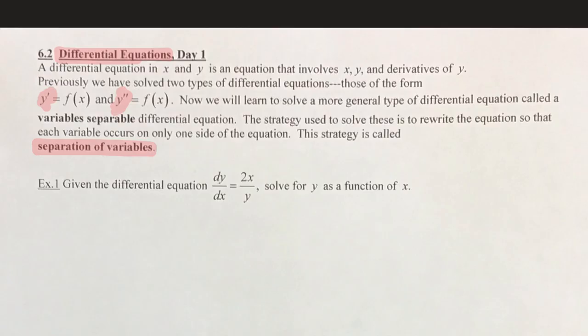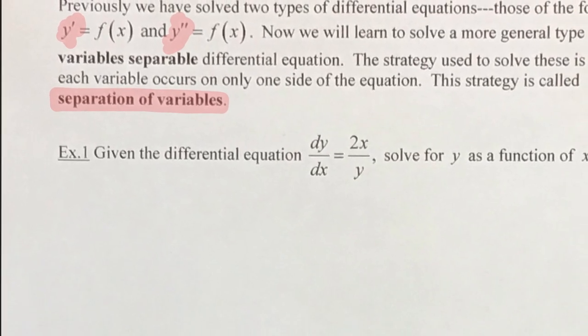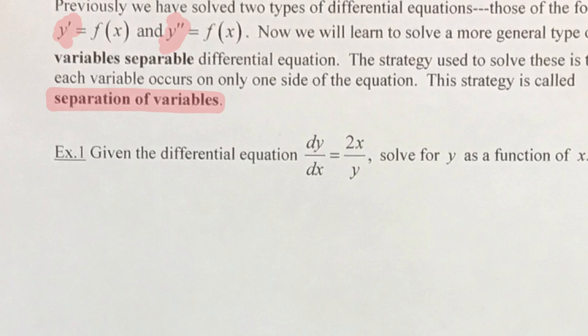Because we can only solve for one equation at a time, and traditionally we like to have y equals, or p equals, or n equals. So separation of variables is the algebraic strategy that we're going to use in the first step of solving this equation.